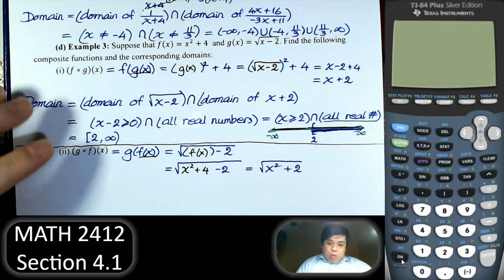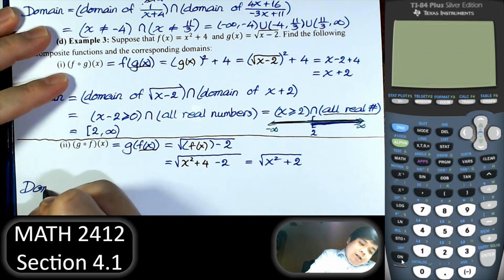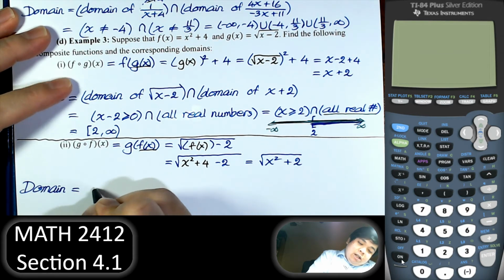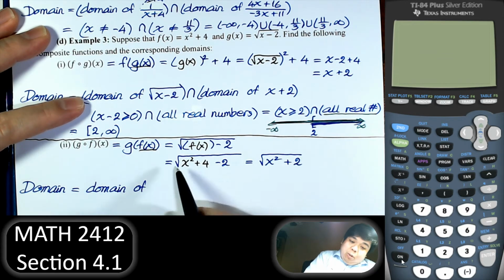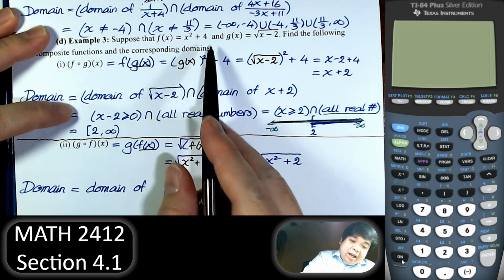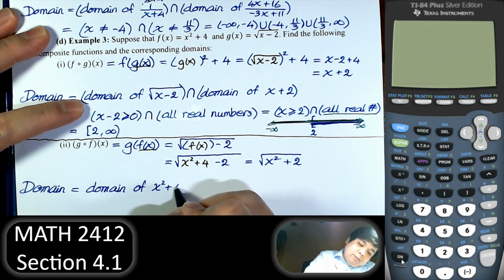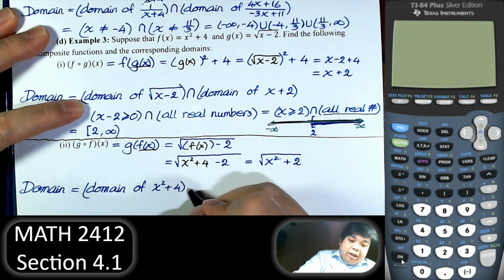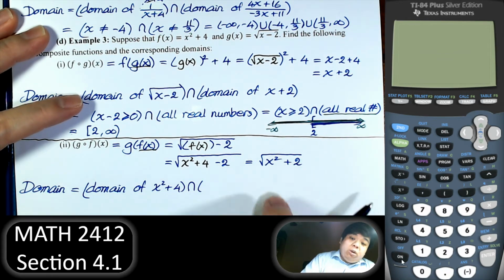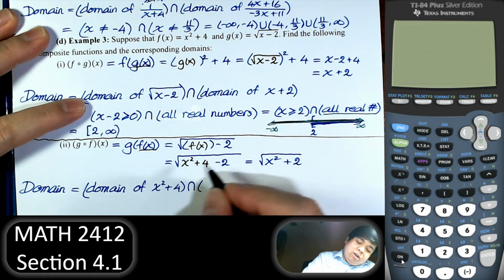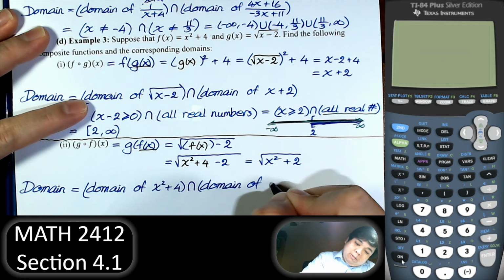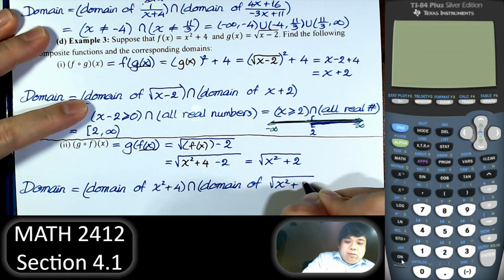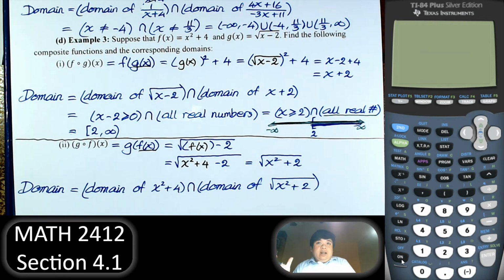Right, now the domain. The domain of the computation is equal to the domain of the inner function. The domain of the inner function x squared plus 4 intersect with the domain of the whole thing, which is the square root of x squared plus 2.